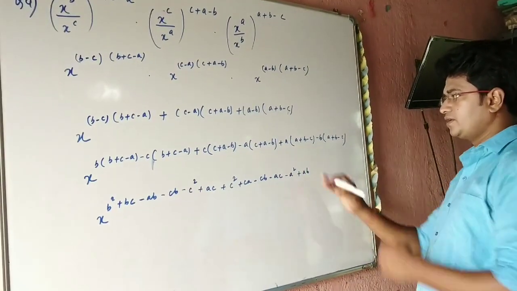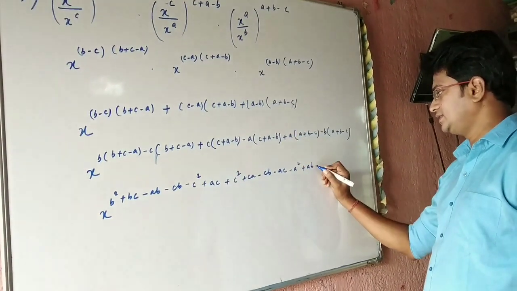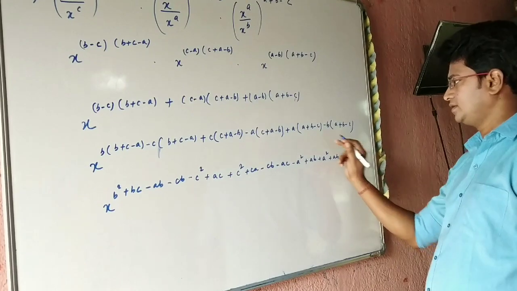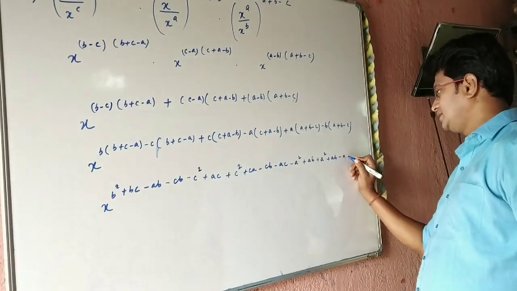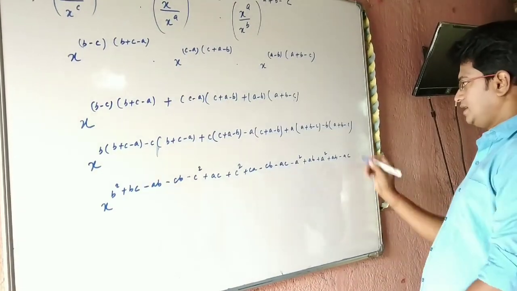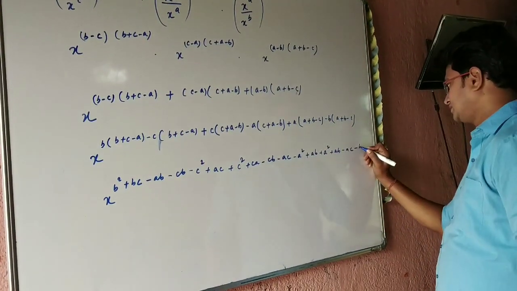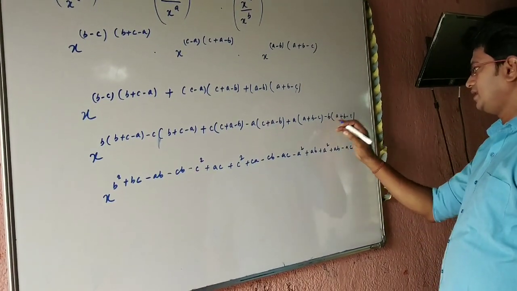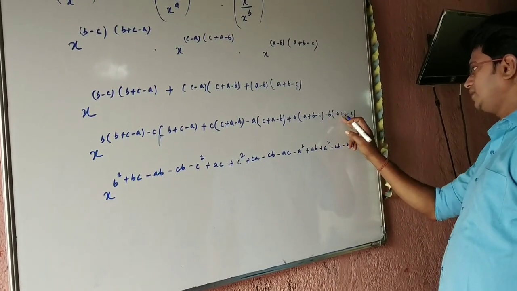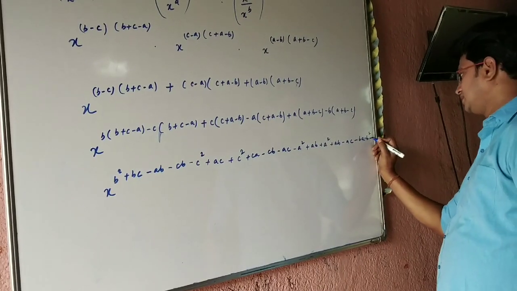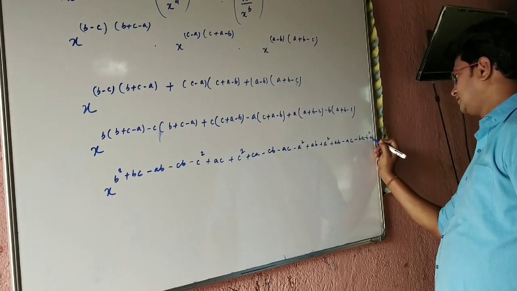In the same way, we expand: a into a is a square, a into b is ab, a into minus a is minus ac. And the last part, minus b into a is minus ba, minus b into plus b is minus b square, and minus minus is plus, that is bc.